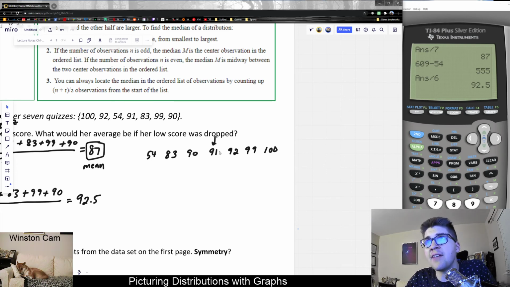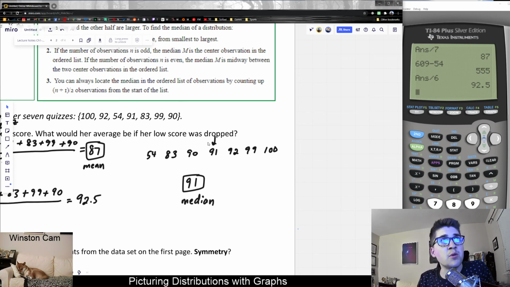So we had 7 data points. If you divide that by 2 and round it up, that would give you your median entry value, which is the 4th entry. There's 3 to the right, 3 to the left. So the one that's in the middle is obviously 91 here. And that would be our median. Oops, not 90. 91 is going to be our median.